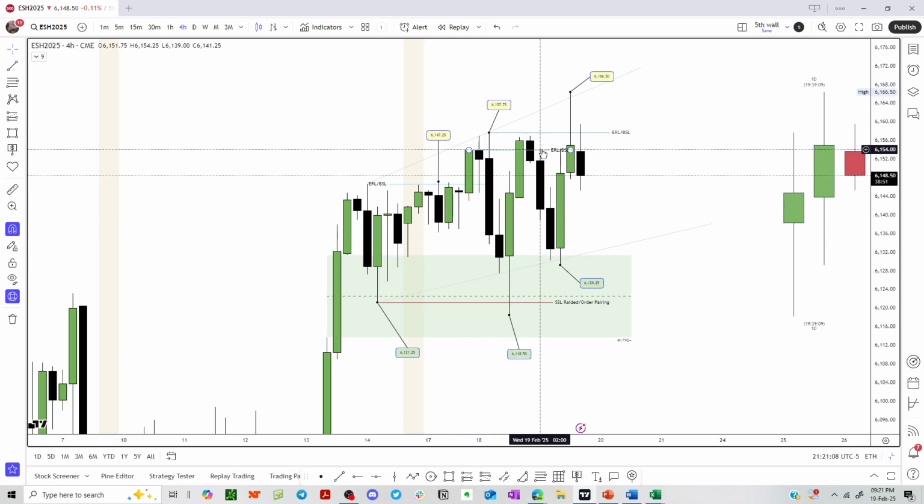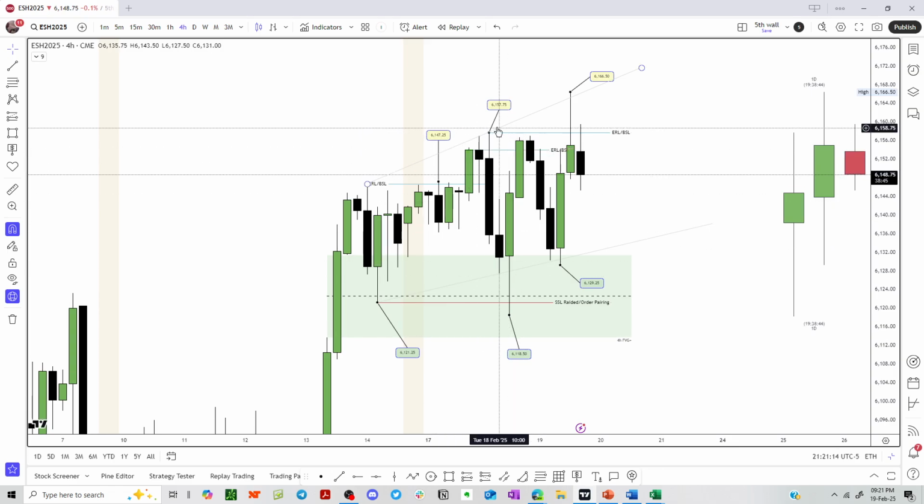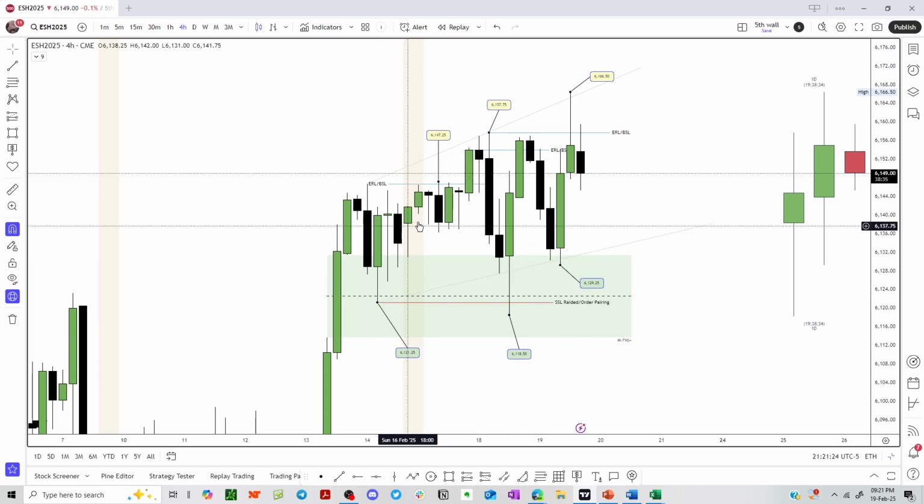Bodies of the candles, bulk of the volume, rejection block, traded into this wick here. So it's a failure swing. There's no break in market structure to the downside, by the way. There's no break in market structure, so it's still bullish, right? So that's why it's a consolidation, but there's an upward trend.